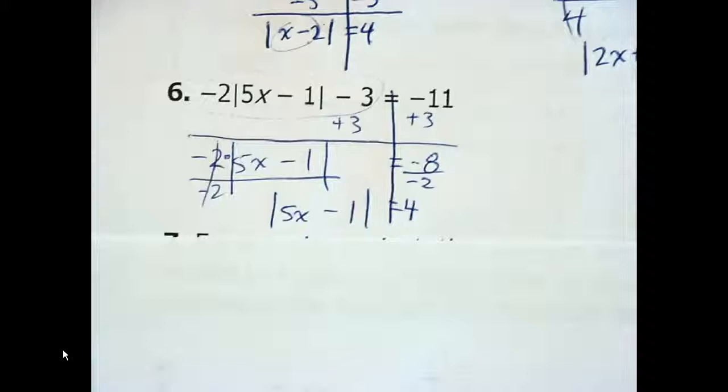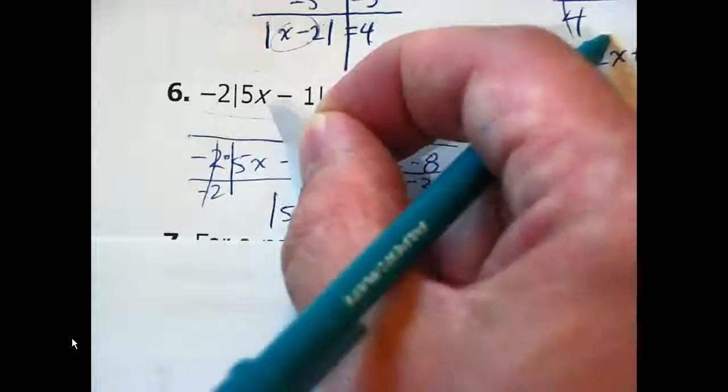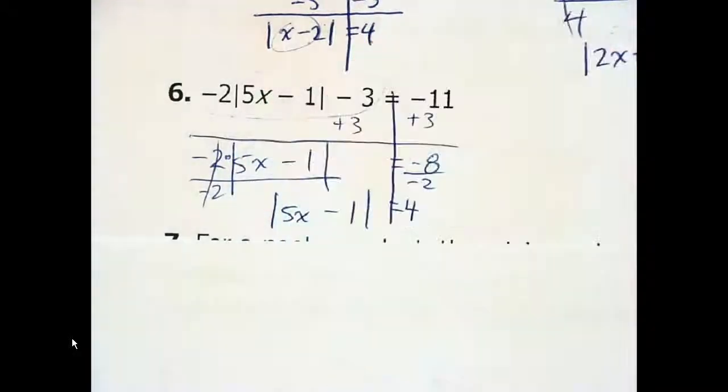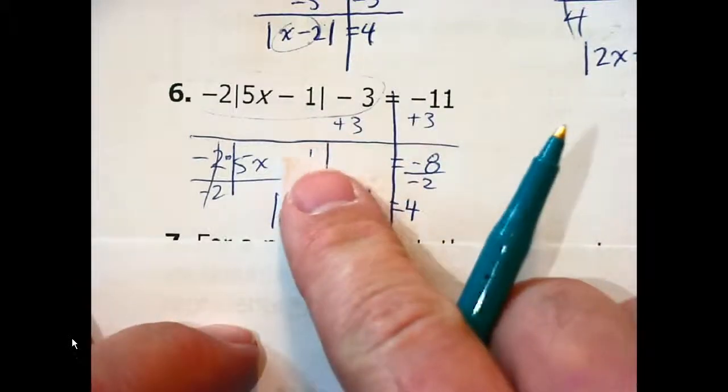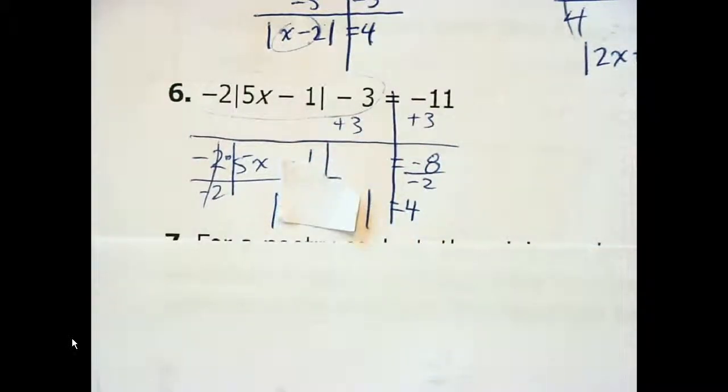You have the absolute value alone. Now this is where you use your magic trick, your magical piece of paper. You know the 2 answers, 4 and negative 4. You don't get hung up on all the other junk.